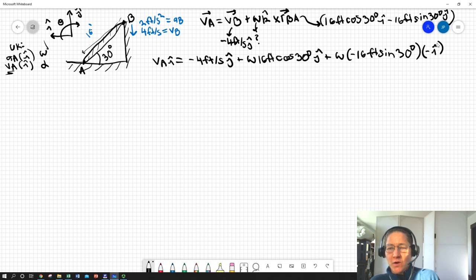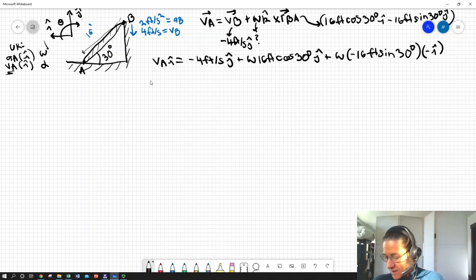So this is working out the cross product. Now this gives me two equations, so I can use that to solve for the magnitude of the velocity at A, and omega, the rotational velocity of the ladder, how fast it's rotating about its own center.